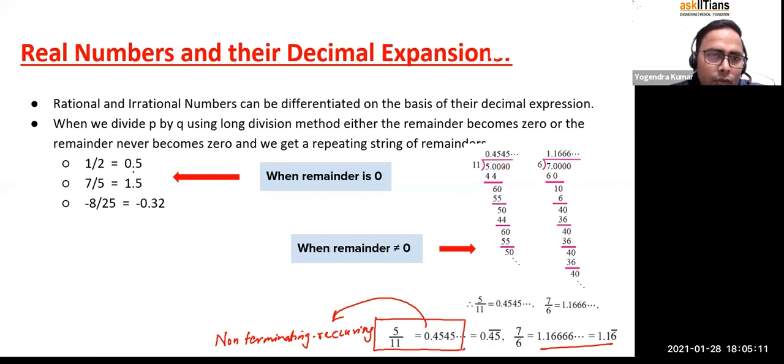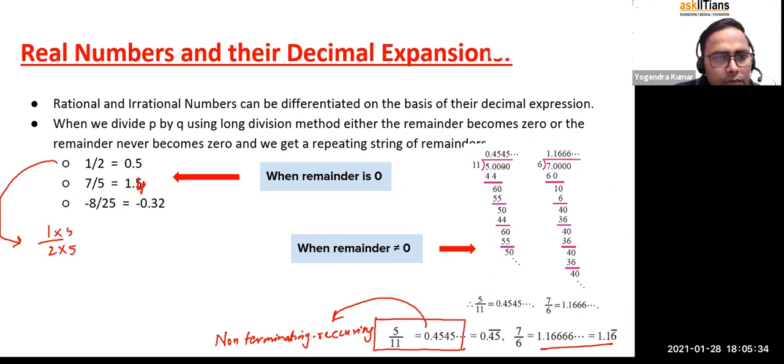So 1 by 2 is 0.5, 7 by 5 is 1.5. Wait, I think there is a mistake here. It has to be 1.4. Let me show you. This one here, 1 by 2. We can do long division, and also without long division.